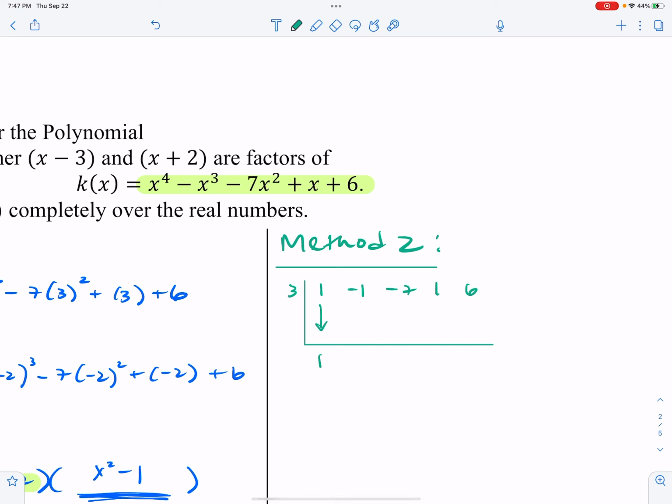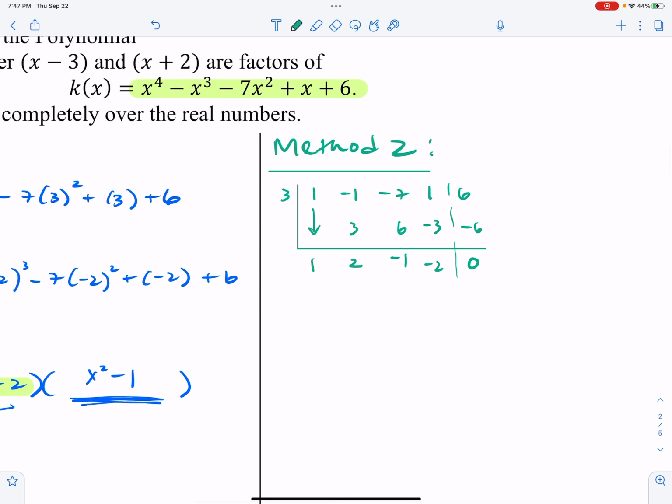Bring the 1 down. 1 times 3 is 3. Add straight down. 2 times 3 is 6. Add straight down. Multiply. Add straight down. And we get negative 6 in the last column, which is our remainder column. We get a remainder of 0. So again, that shows us x minus 3 is a factor.